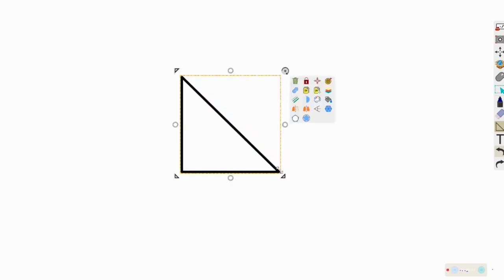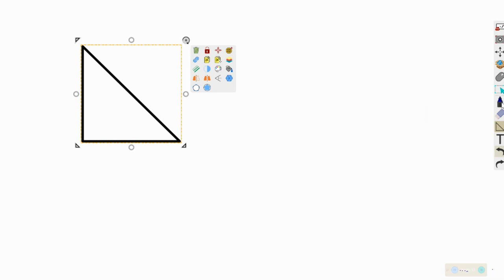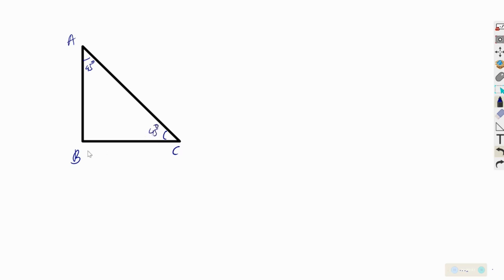There you go. Now it is a 45, 45 degree triangle. Let me name this triangle as A, B, C. Angles are 45 degree, 45 degree and 90 degree. Okay.